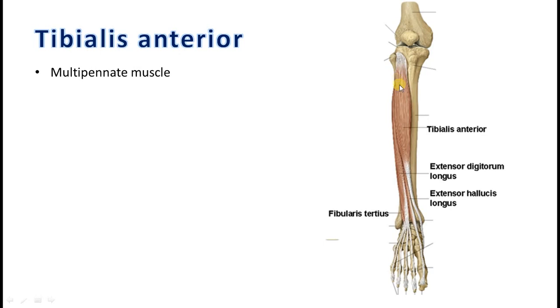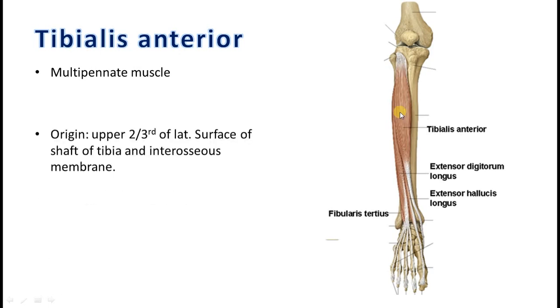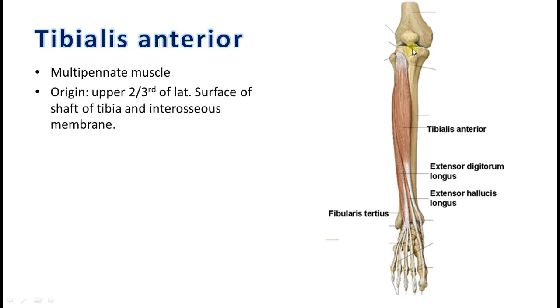The origin of the tibialis anterior is from the extensor surface of the tibia and from the adjoining interosseous membrane. So from the lateral surface or extensor surface of the upper two-thirds of the tibia, and from the interosseous membrane it arises, and also from the area adjacent to the superior tibiofibular joint.